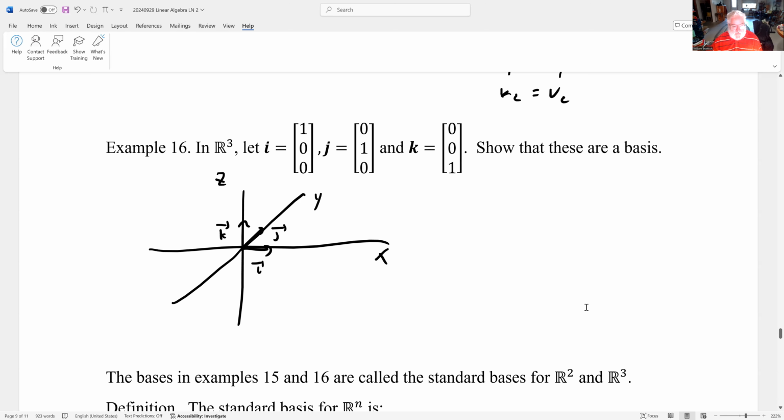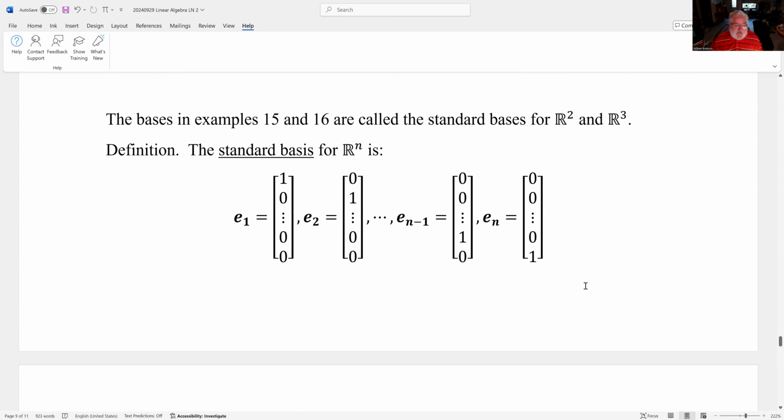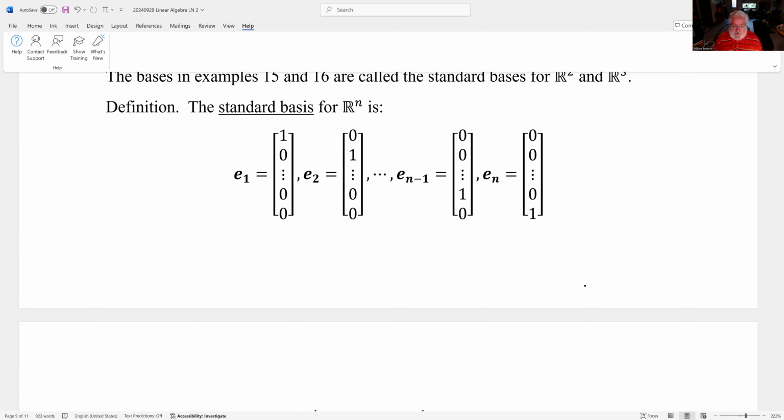These are called the standard basis, i, j, k: 1, 0, 0; 0, 1, 0; 0, 0, 1. And the standard basis in n dimensions is the same thing with n entries, and you just have one of them being a 1.